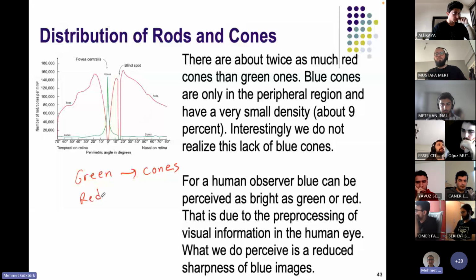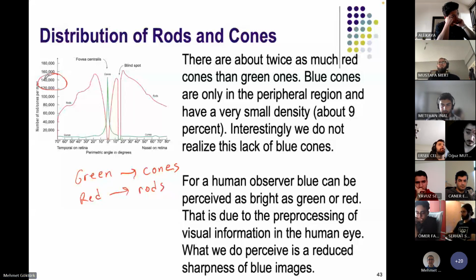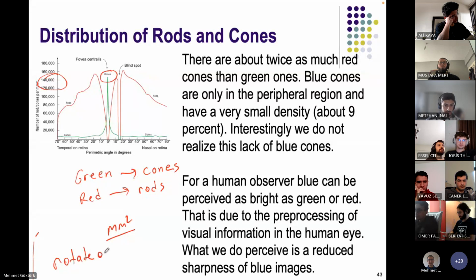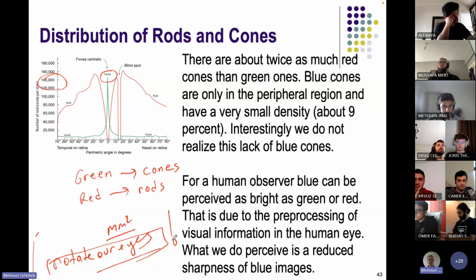As you see, there are hundreds of thousands of cones per millimeter square, and not that many rods. Cones are only available at the center. Therefore, we have to rotate our eyes in order to see. That's important.